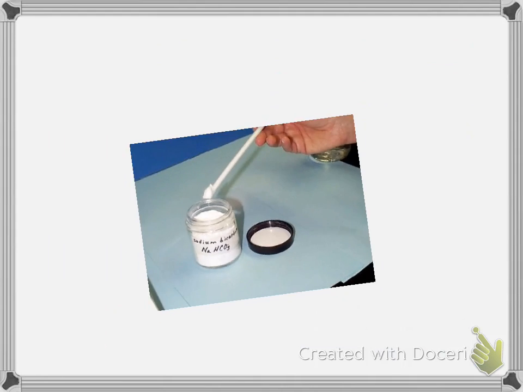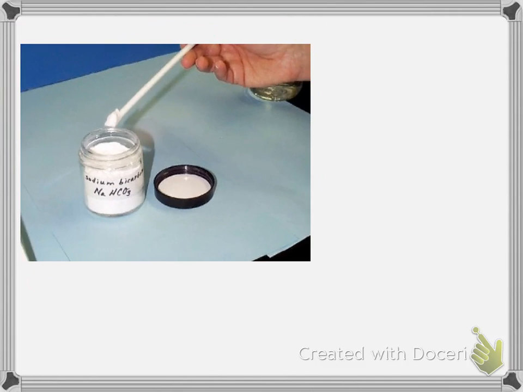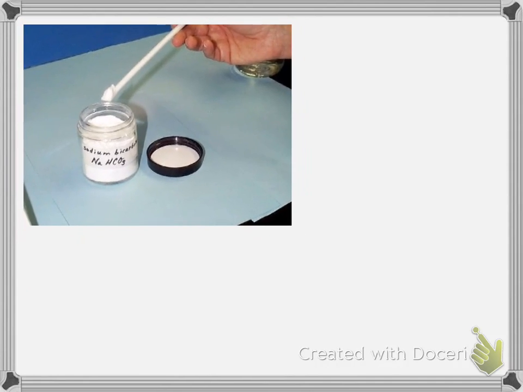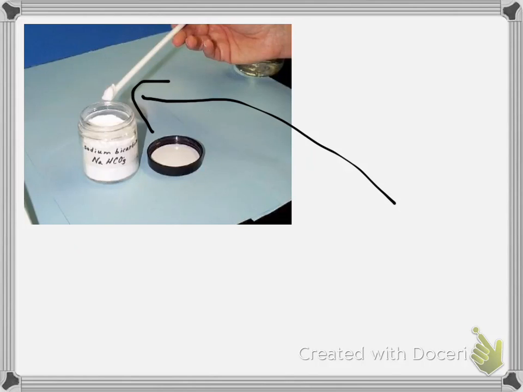We've got a chemical of sodium hydrogen carbonate there, and we can work out how many moles are in that spatula of sodium hydrogen carbonate. I'm going to tell you that in that spatula we have 1 gram. That is what I mean by the mass.